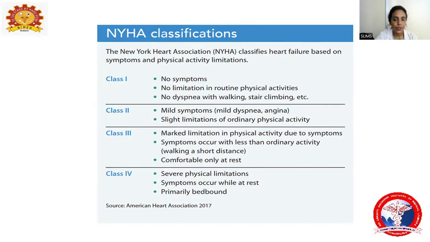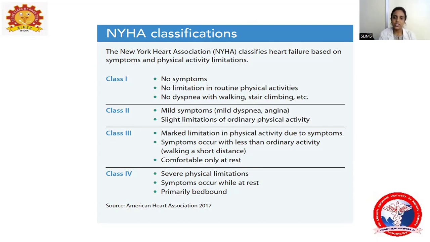So this is the New York Heart Association classification of heart failure based on the symptoms and physical activity limitations. Class 1, there's no symptom and no limitation in routine physical activity. There's no dyspnea with walking, stair climbing, etc. In class 2, there are mild symptoms like mild dyspnea, angina, and slight limitation of ordinary physical activity.